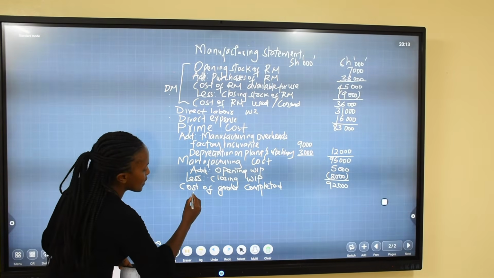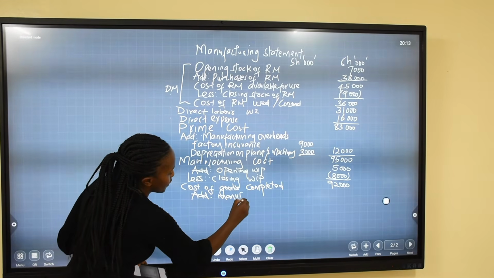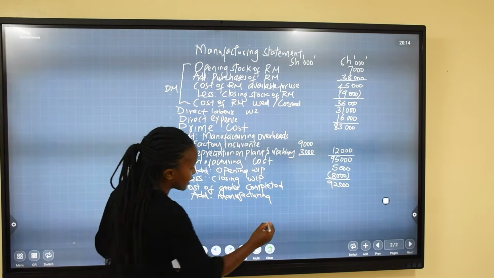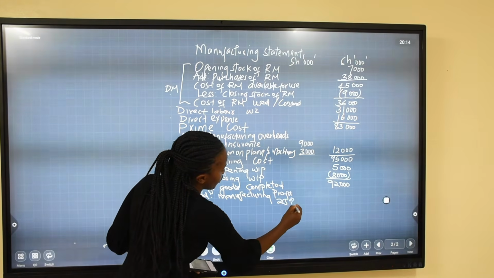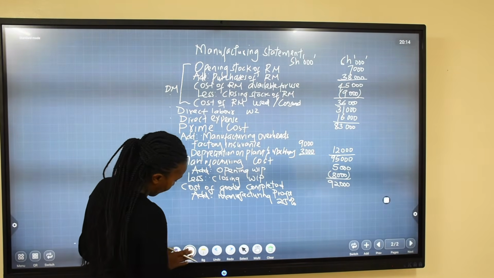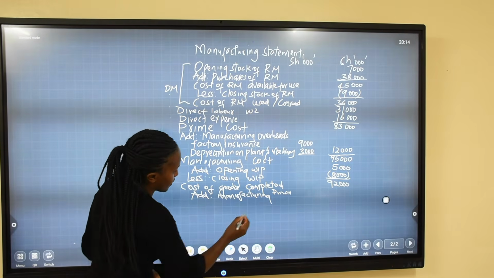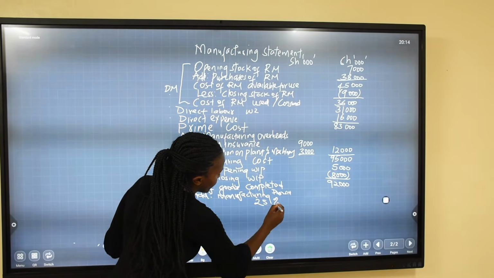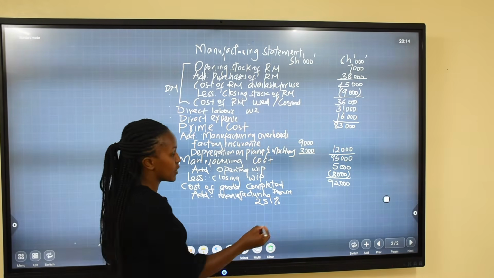So at this point is where we add a manufacturing profit of 25% of cost. I want it to be clear, 25%. So 25% of 92,000 is going to give us 23,000.